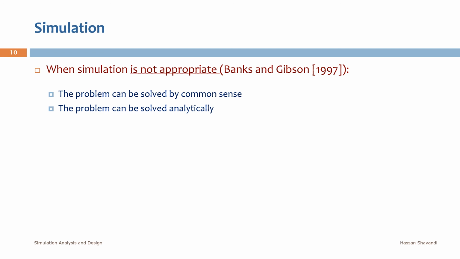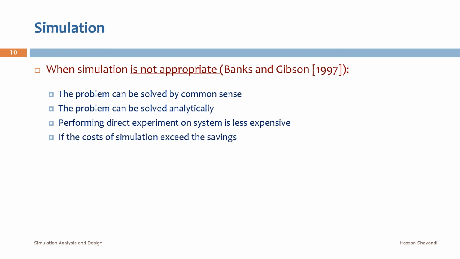Again, in this case, we shouldn't consider simulation. Or performing a direct experiment on the system is less expensive. Trying the actual system is less expensive and doable. So in that case, again, we don't need simulation models. Or if the costs of simulation exceed the savings.